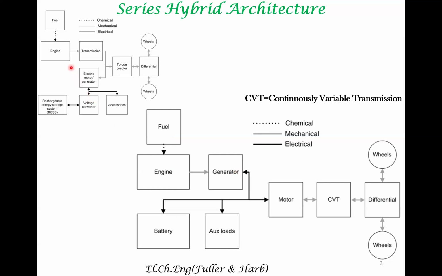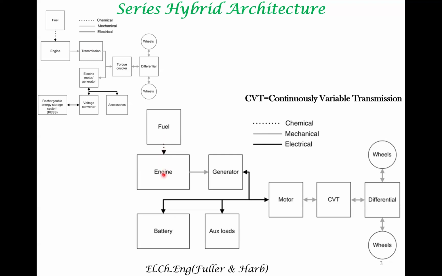So in the parallel architecture, the power to the vehicle can be supplied either through this pathway, that is fuel to the engine, to the transmission, to the vehicle, or if there is, let's say, a lot of power that is required temporarily, that extra power could be supplied via the battery to the voltage converter, which runs a motor. Okay, so this is a pathway that is in parallel to this pathway. In contrast, this is in series to this.